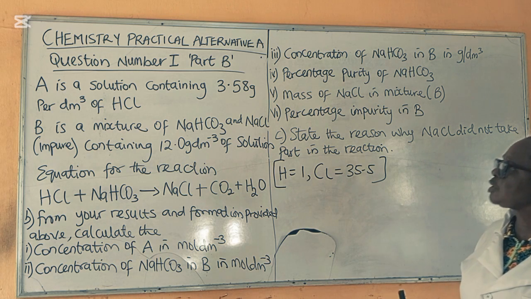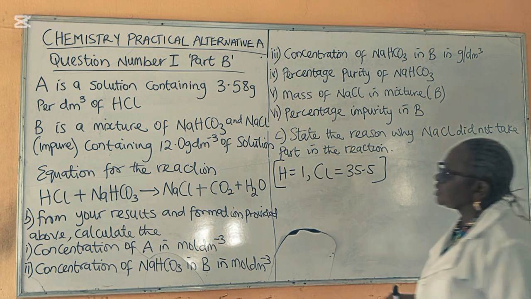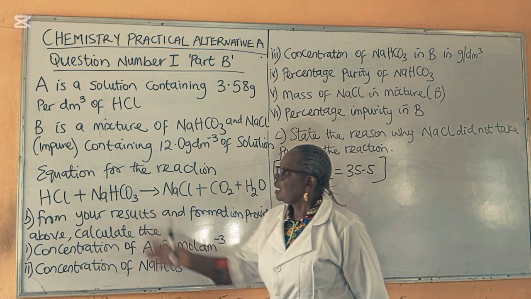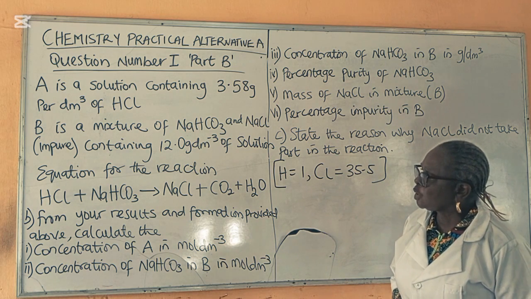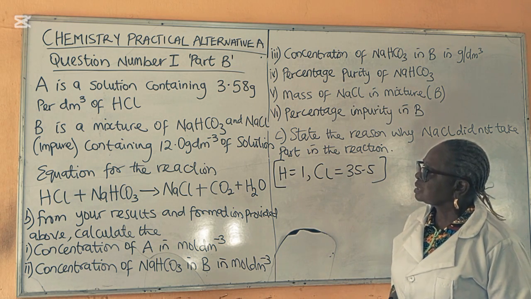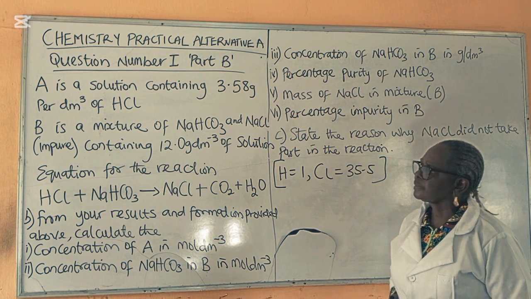B is a mixture of sodium hydrogen carbonate, NaHCO3, and sodium chloride, meaning that B is an impure base containing 12.0 grams per dm³ of solution. The equation for the reaction is HCl reacted with NaHCO3 to give us NaCl plus CO2 plus water.